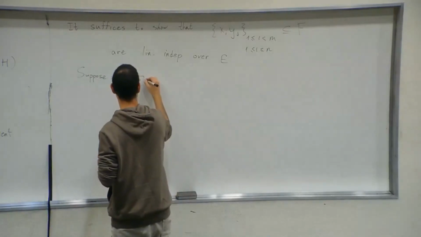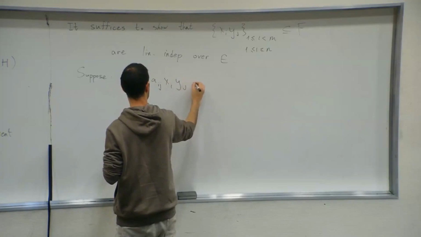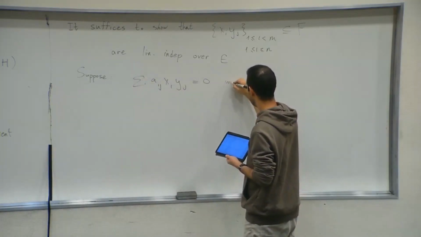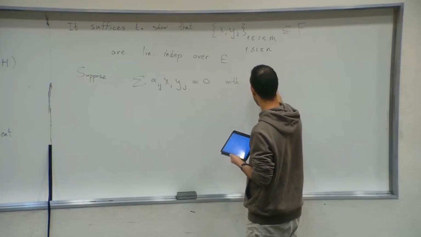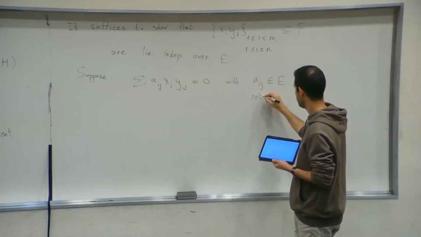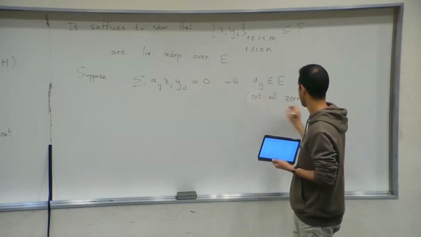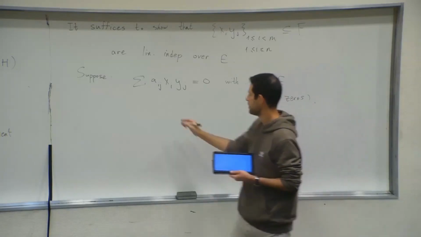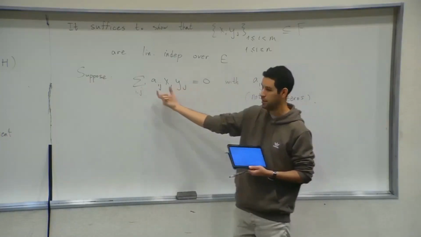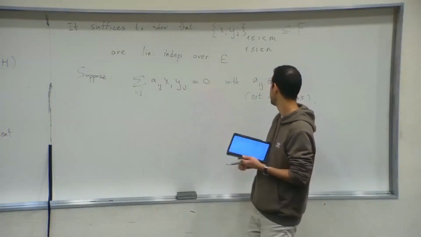So let's suppose that there is some linear combination with a_ij in E, not all zeros. Take some non-trivial linear combination, and suppose that it's 0.